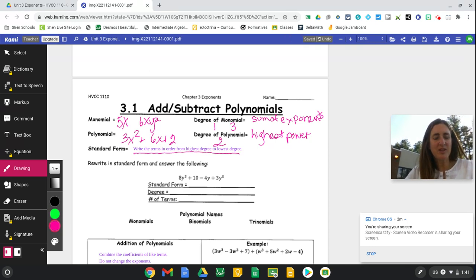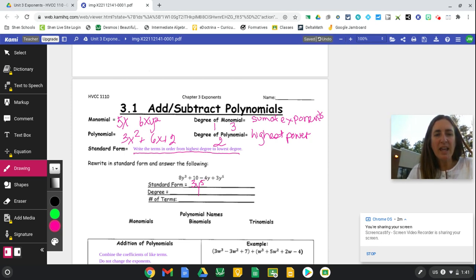So if you look at the first example, it says, write in standard form and answer the following. 8y to the third plus 10y minus 4y plus 3y to the fifth. So standard form would have us rearranging it with the highest power first. So our highest power here is 3y to the fifth. So that one is going to come first.